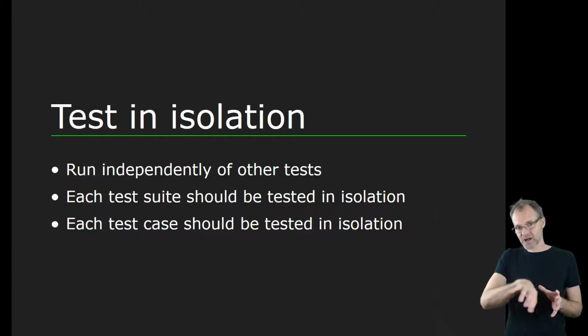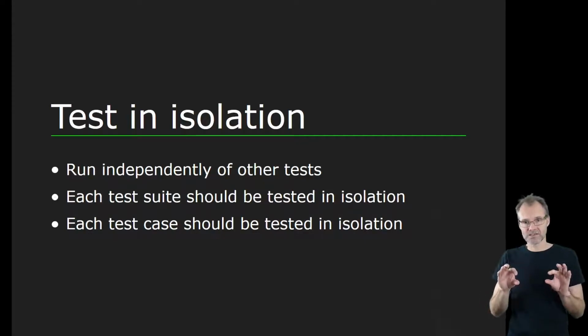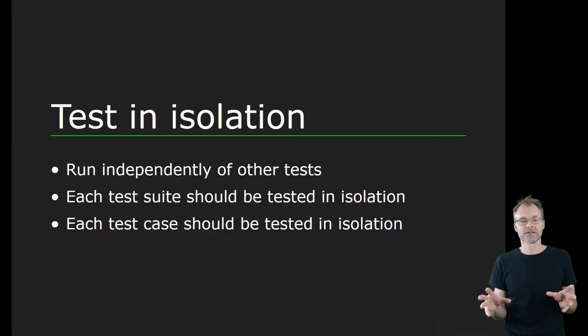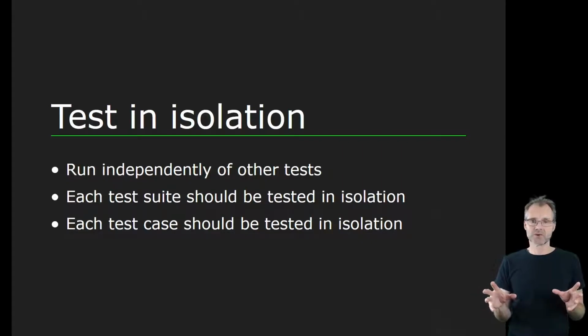You should try to avoid that. One test case should be able to be run independently of all the other test cases. That is a good thing, because if we have a large test bed with many test cases, the test runner can execute all our tests in parallel, reducing the time it takes to test our system.